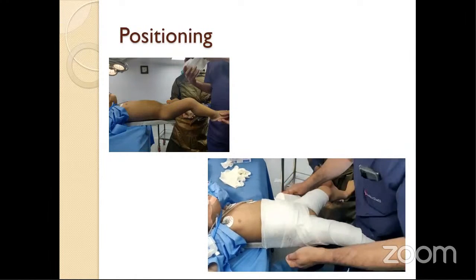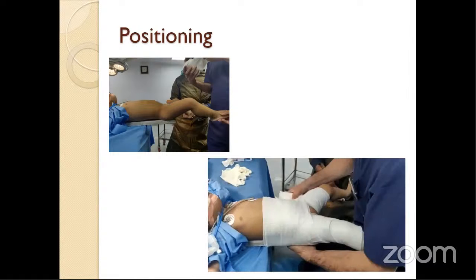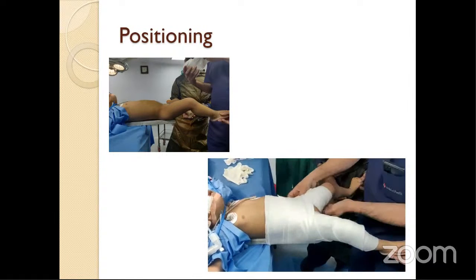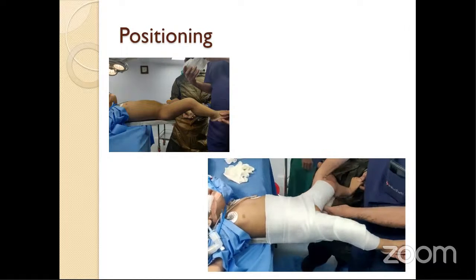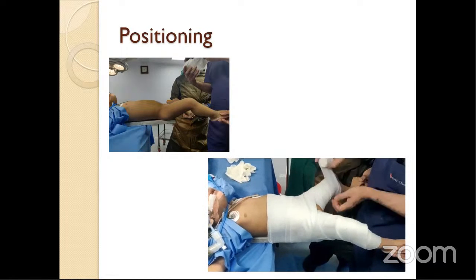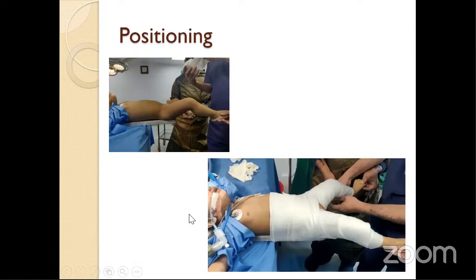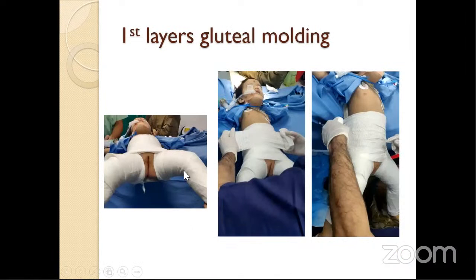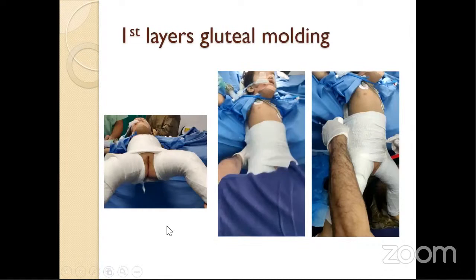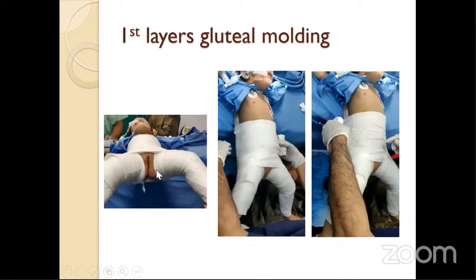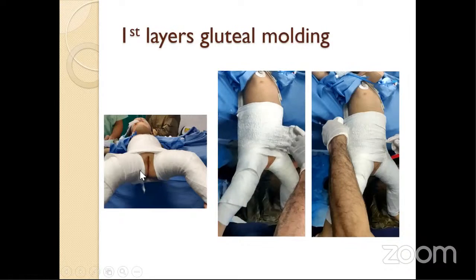So again, starting from the thigh, going around the inguinal region, make sure there's adequate padding there. Additional felt padding may be required around bony prominences, so just go around that area nicely. After that, as I said, the gluteal molds, make sure that you are right up to the gluteal region.